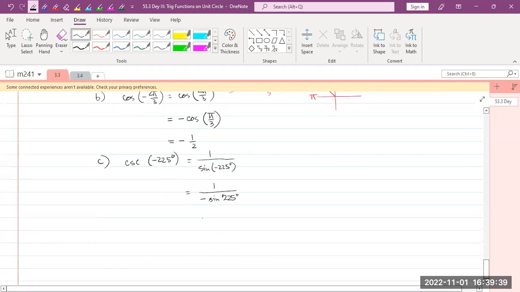And then 225 degrees is in quadrant 4. I'm sorry, quadrant 3. The reference angle is 45 degrees. So in quadrant 3, it's negative. Let me make sure that you know what I'm doing here. So I'm replacing this one in yellow by negative sine of the reference angle.